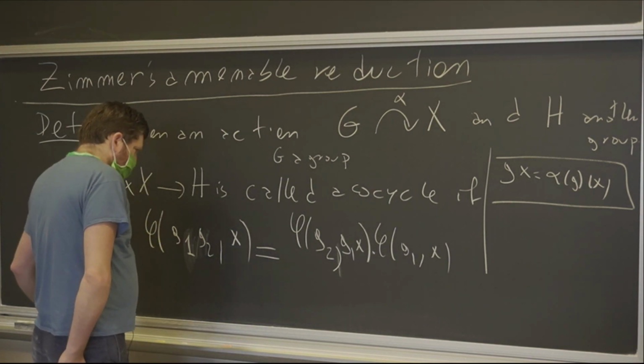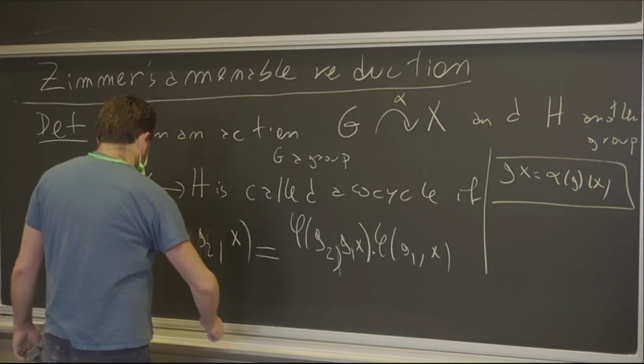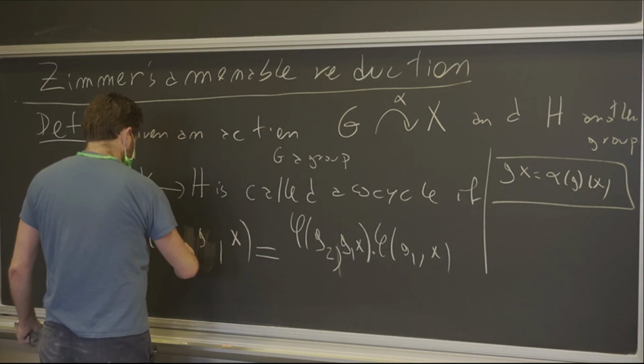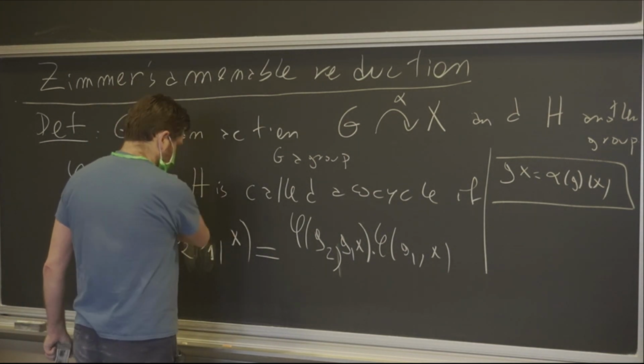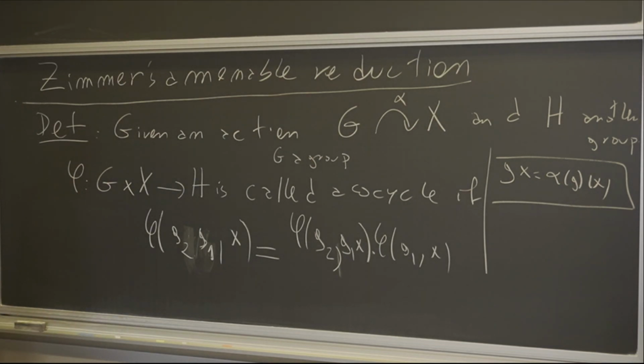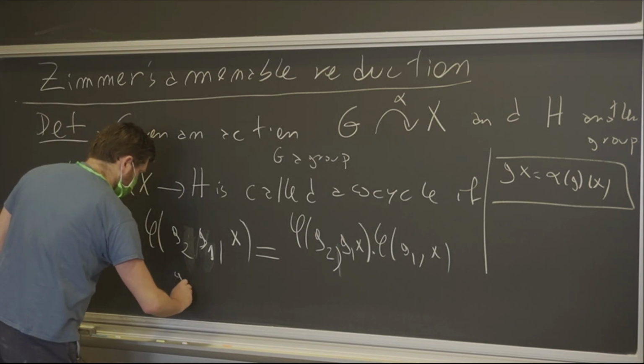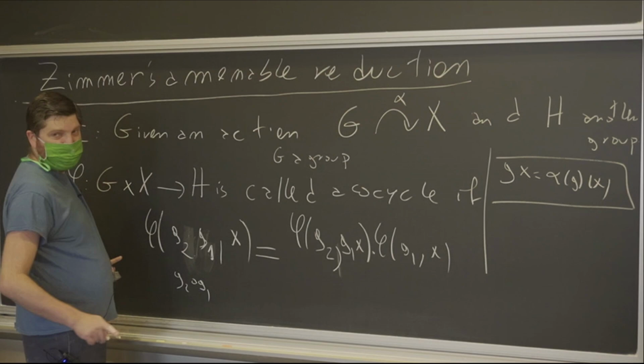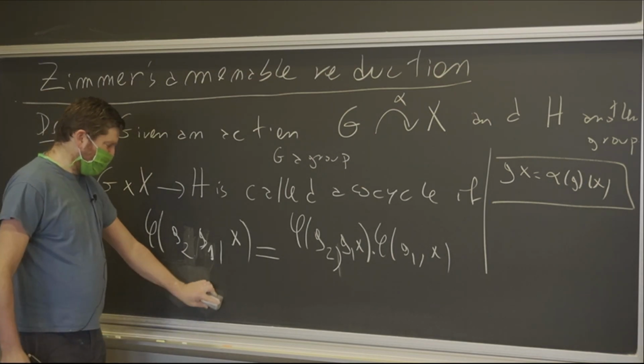Yeah, but then maybe you want to write it as X times G. I want to write it this way. So that was the left action. In order for me to follow all the conventions, I just need to make this the chain rule. And this is G2 composed with G1. Yes, and that's why I wanted G2, G1.